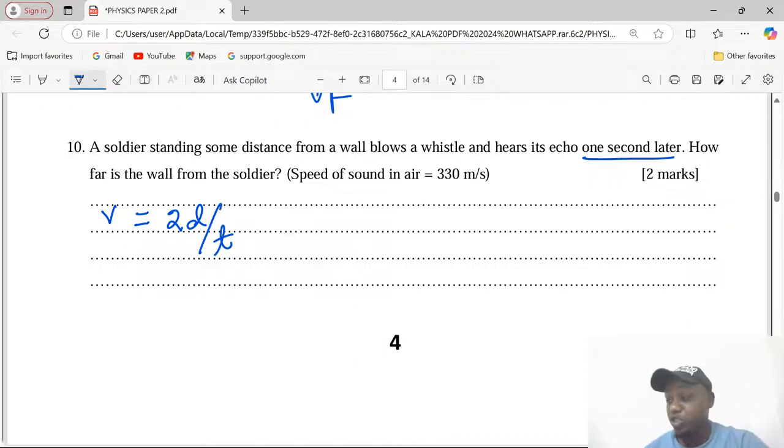The reason why we say twice the distance is because once you release the original sound, it goes to the obstacle and it gets reflected back to the observer. So by the time it is reflected back to the observer, it has covered twice the distance between the source of the sound and the wall.